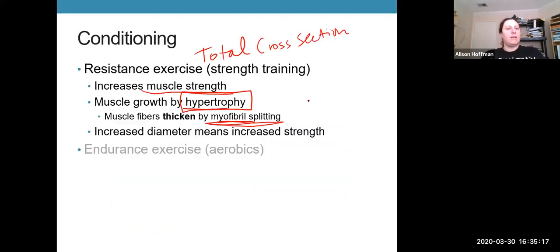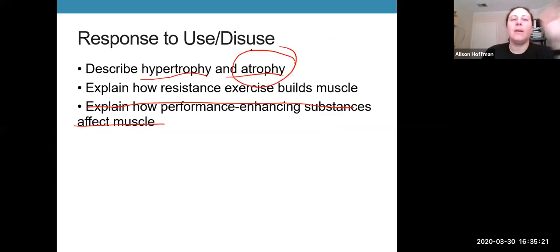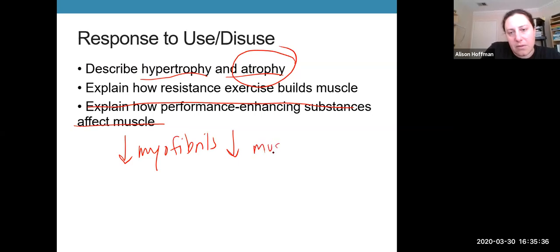And I didn't put an actual slide in for atrophy, but atrophy is the opposite of hypertrophy. So atrophy means decreasing the number of myofibrils, which results in decreasing muscle diameter.